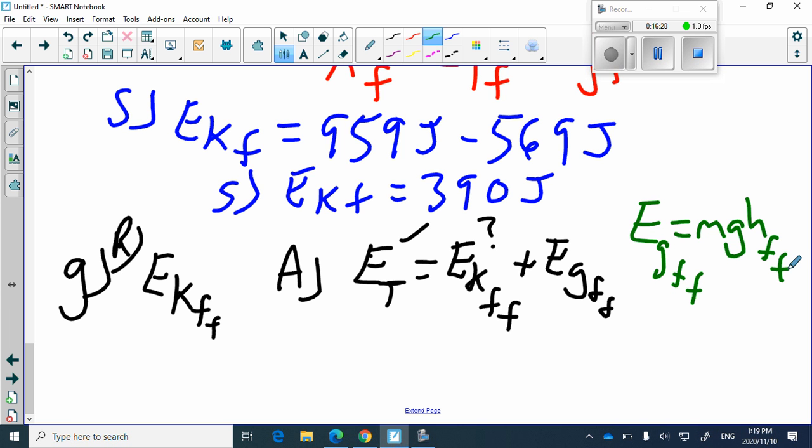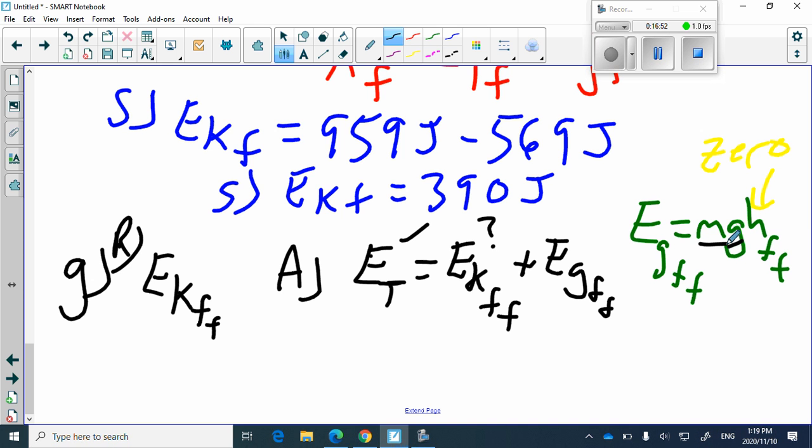At the ground, the height is 0. It has no height at the ground. So if you multiply anything by 0, you get 0. I don't care what the gravitational field strength is or what the mass is.